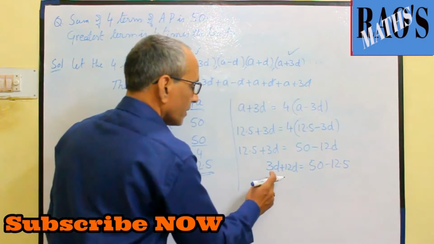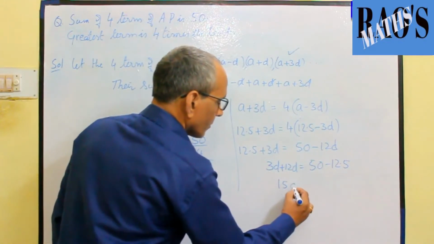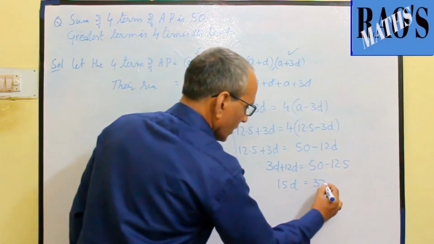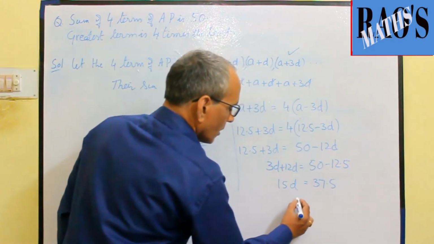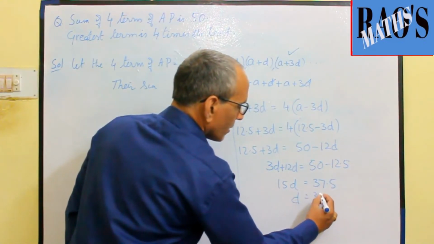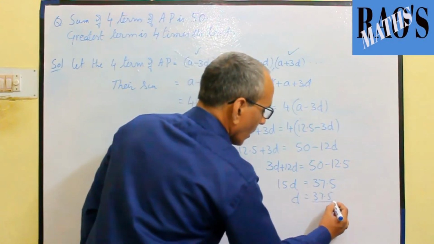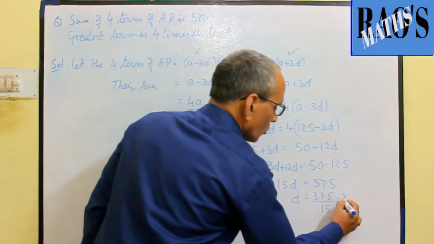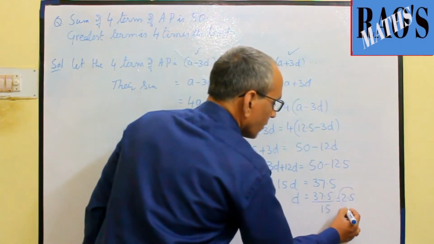So we remain with 15D is equal to 50 minus 12.5, 37.5. So D is equal to 37.5 by 15, we get 2.5, that is D value.